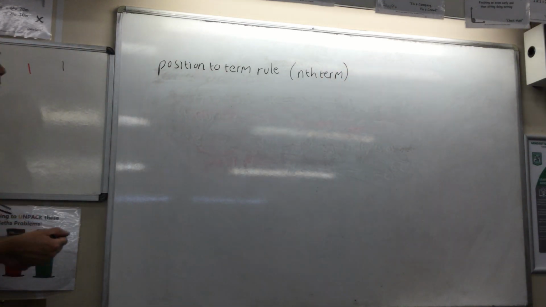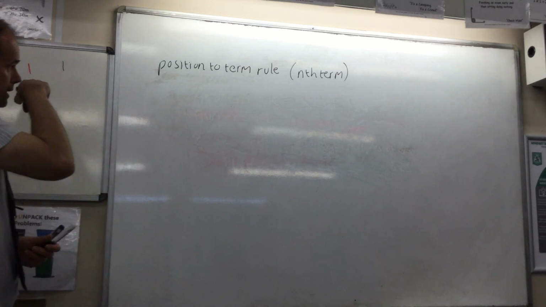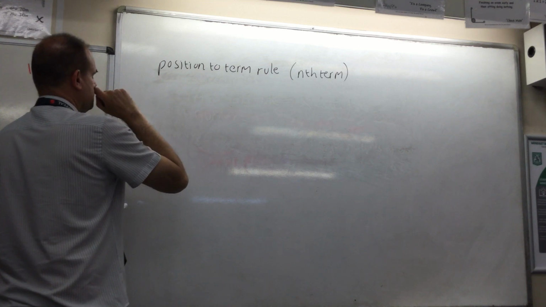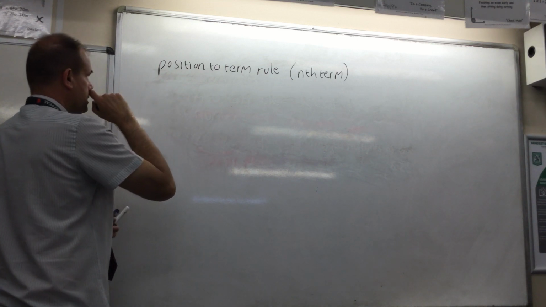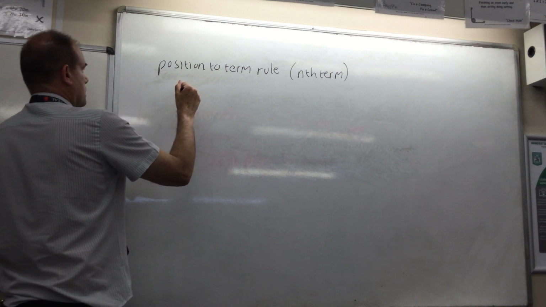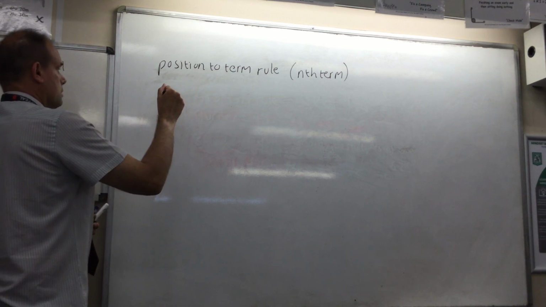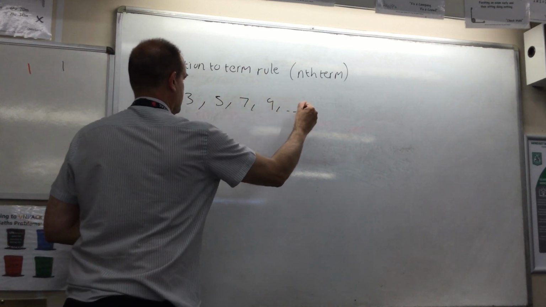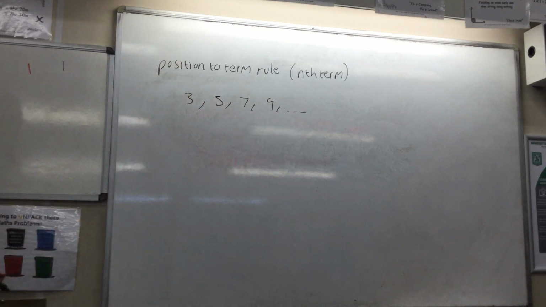Well, let's, for example, take a particular sequence. Let's say we've got 3, 5, 7, 9, and so on. Now, let's compare the rule I've just got.